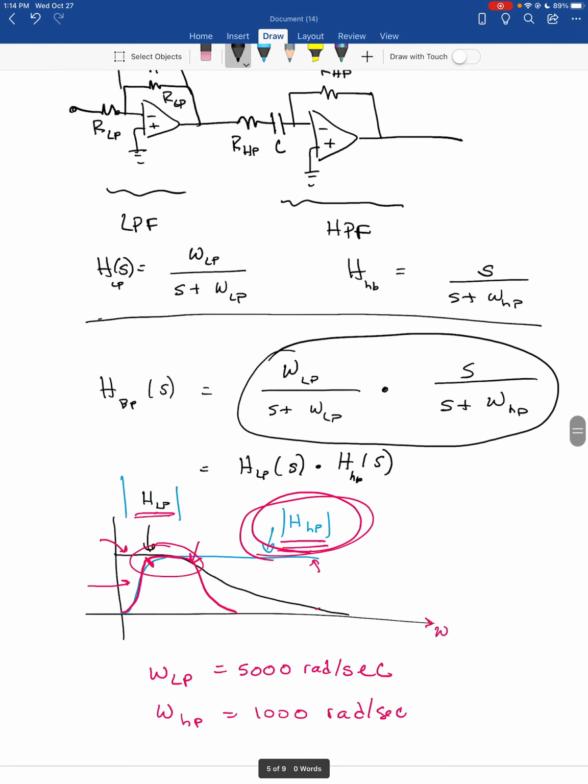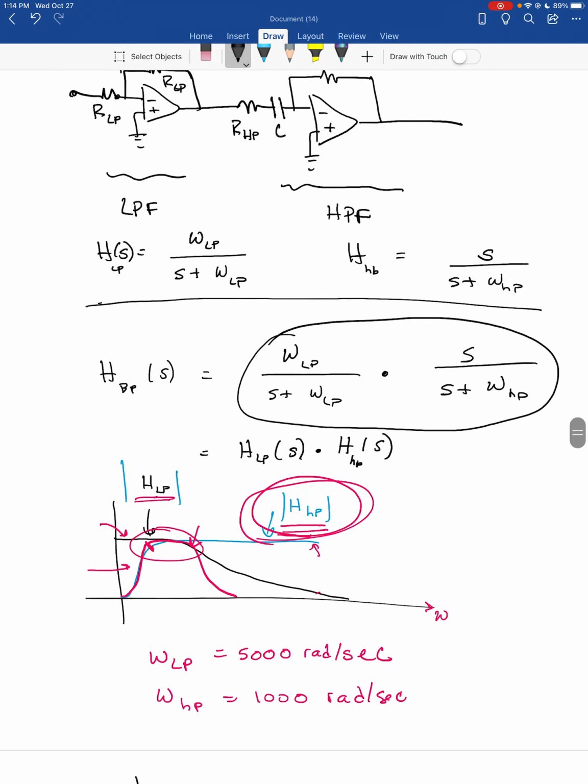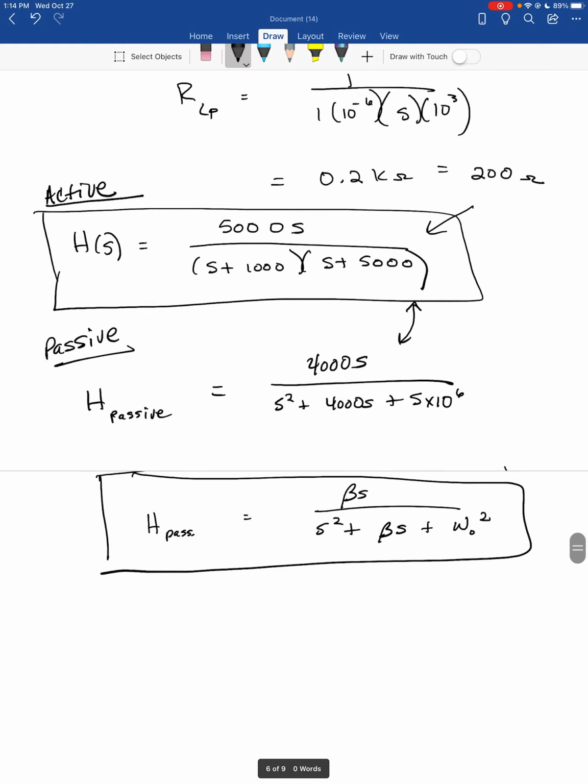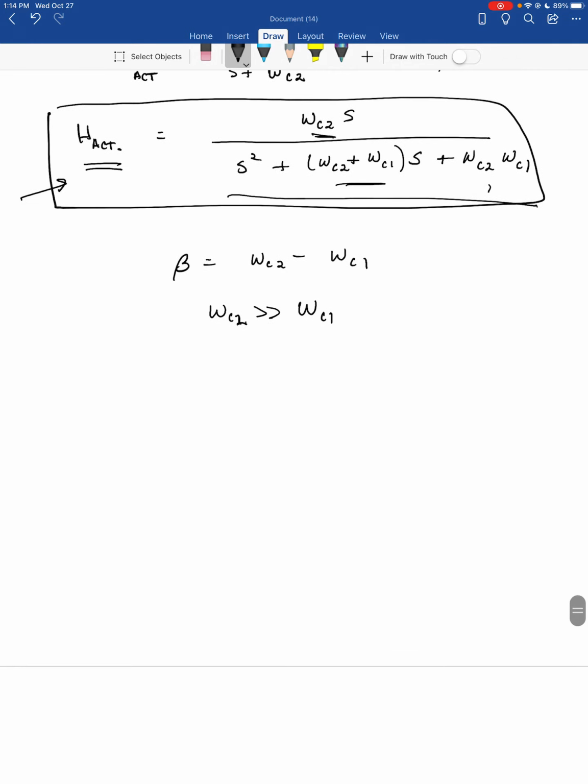So that concludes some examples on the bandpass filter and bandpass filter design. As some commentary, you could be given other specs, okay? You could be given specs instead of, in this problem, we gave specs on omega C1 and omega C2.